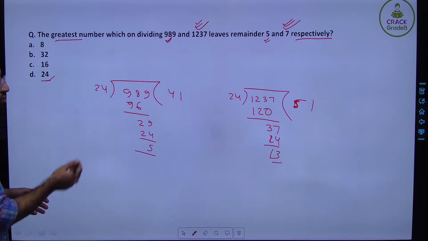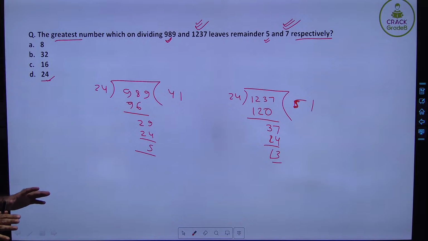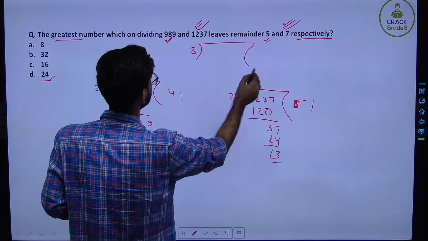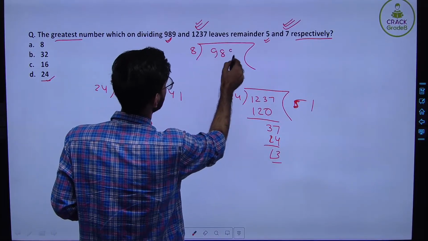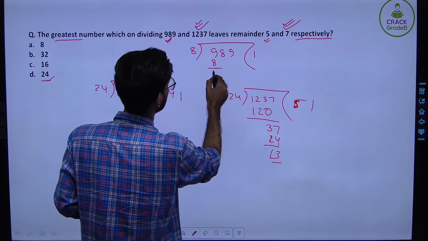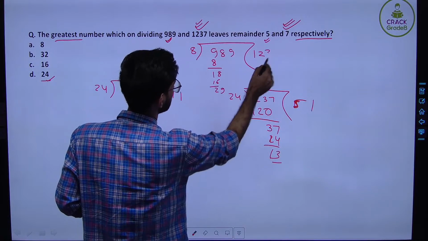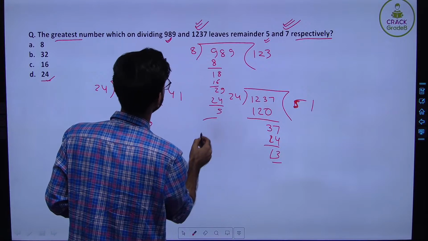Okay, let us solve it by using normal options for now. Right? What is your answer? Okay, you didn't get any answer? No answer? Okay, let us check for 8. Maybe there is some error in the question. Let us check it for 8. 989, so 8 into 1 is 8, 8 into 2 is 16. So 8 into 3 is, okay, 5 is the remainder.